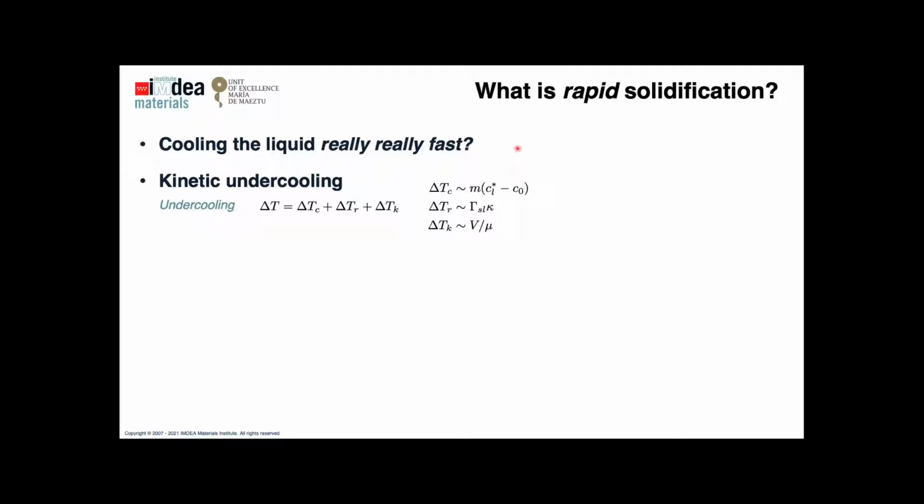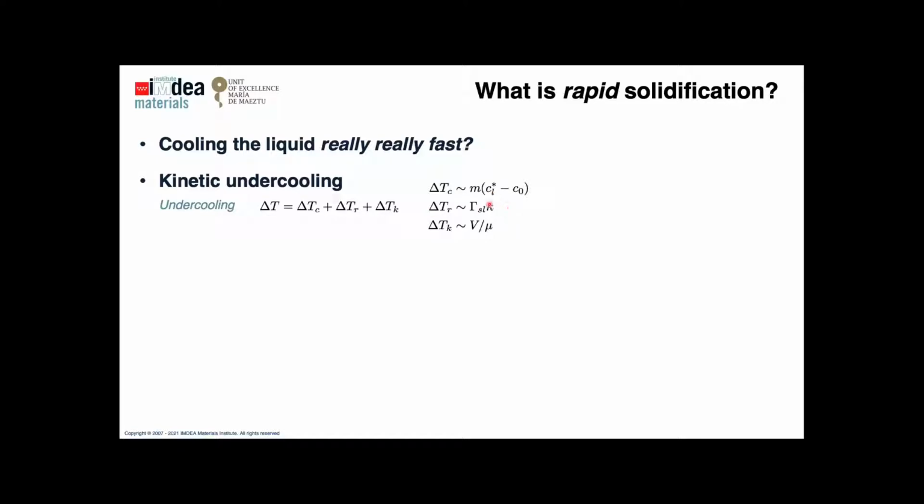So the presence of kinetic undercooling, so the temperature difference between your interface temperature and its equilibrium, let's say, given by the phase diagram at the nominal concentration, will have a solutal component, a curvature-related component, and a kinetic component. So the solutal component is just due to gradient of solute that's developed.